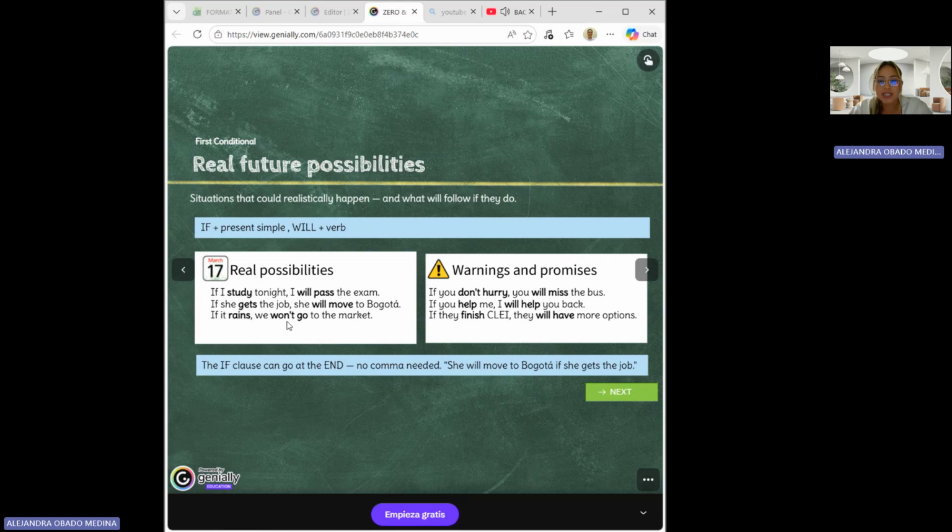And finally, if it rains, we won't go to the market. Won't is the same as will not, a contraction. Negative future. Warnings and promises. If you don't hurry, you will miss the bus.